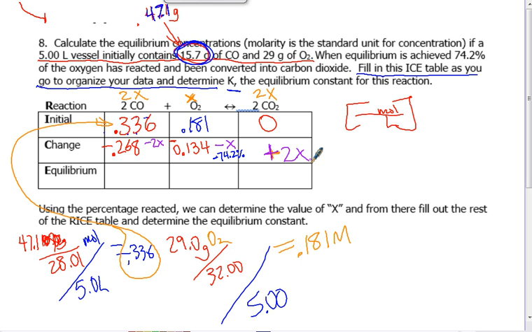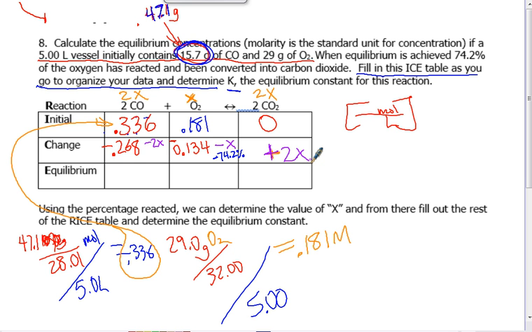Now we come to the question, how can I find x? The next sentence has a huge clue in it. It says, when equilibrium is achieved, 74% of the oxygen has reacted. So is the oxygen still there? No, it's reacted. It's no longer a reactant.